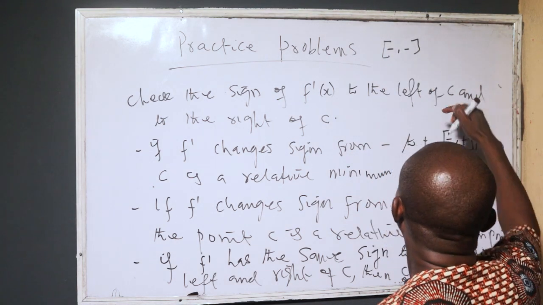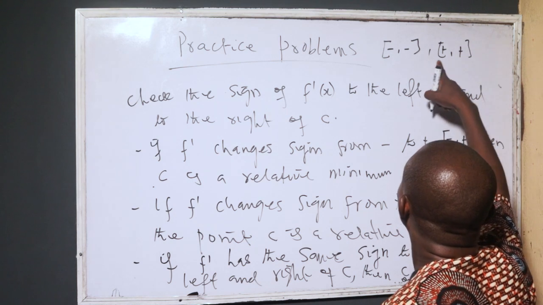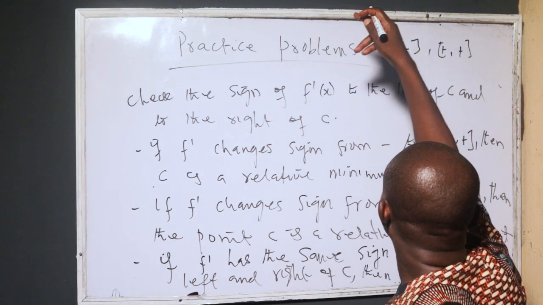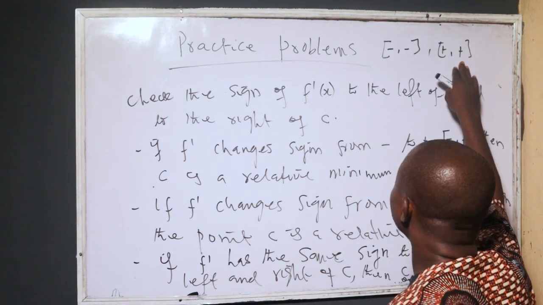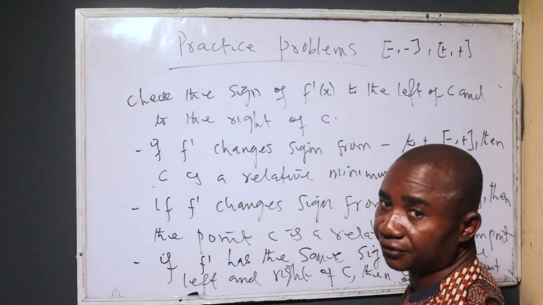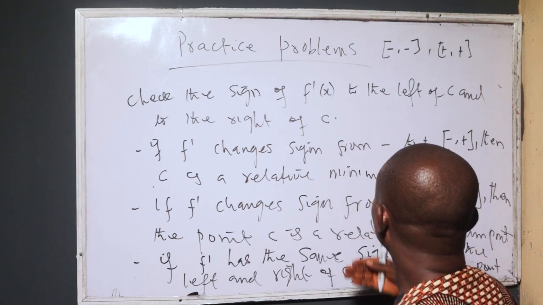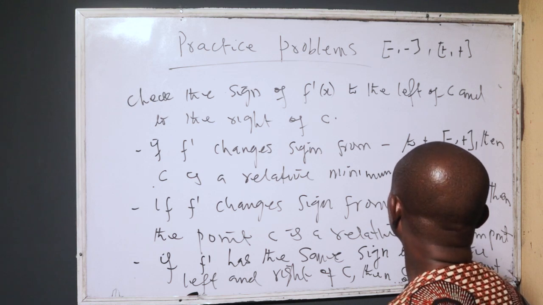If again both of them are positive, positive, meaning to the left hand side of C the derivative is positive, and to the right hand of C the derivative is also positive, then the point C is a point of inflection.